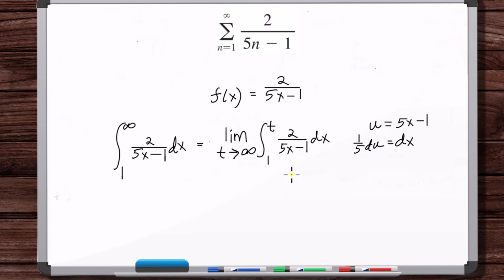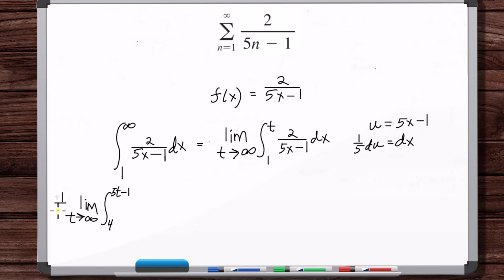So therefore 1/5 du is equal to dx. When x is equal to 1, u is equal to 4. When x is equal to t, u is equal to 5t minus 1.